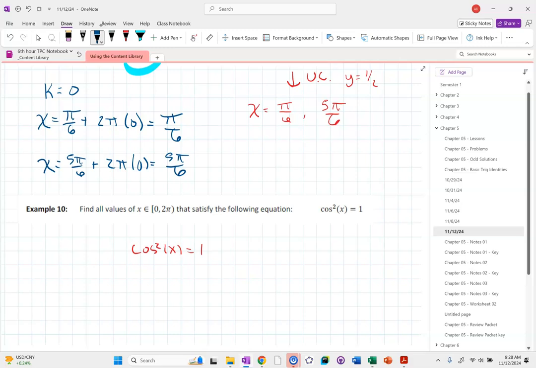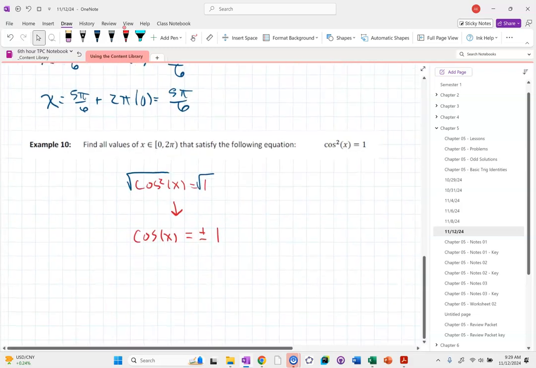The exponent. Good. How do I get rid of a squared? We square root both sides, right? Now remember, when we square root both sides of an equation, what do we need to do? What happens when we square root both sides of an equation? Yes, we get a plus or minus. So we'd have cosine x equals plus or minus 1.